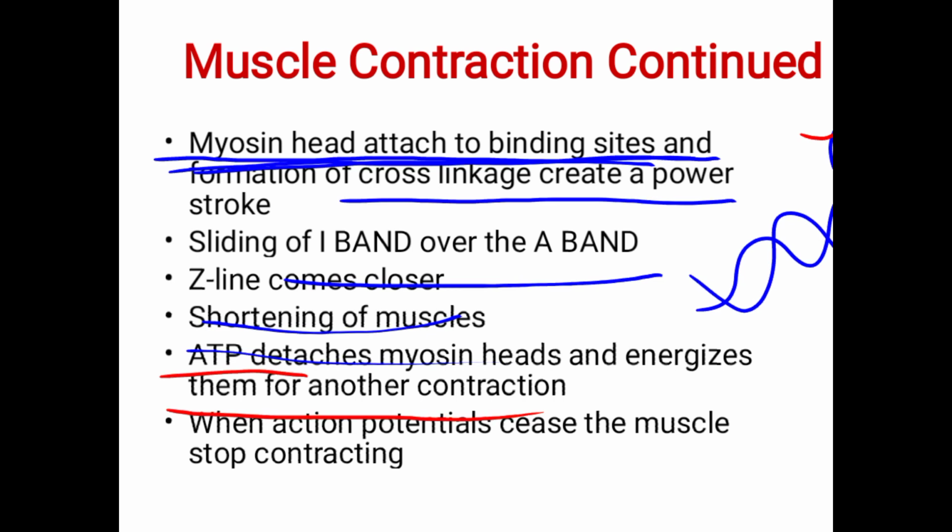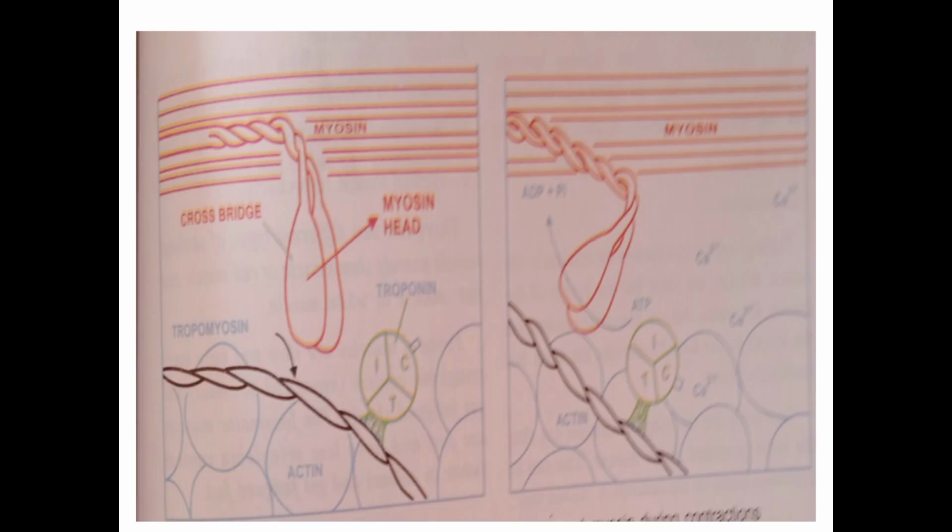During relaxation, ATP is not utilized. When the action potential stops being generated, the muscle will stop contracting. Understood? Muscle contraction takes place only whenever the action potential is generated in the muscle, that is from the nerve.